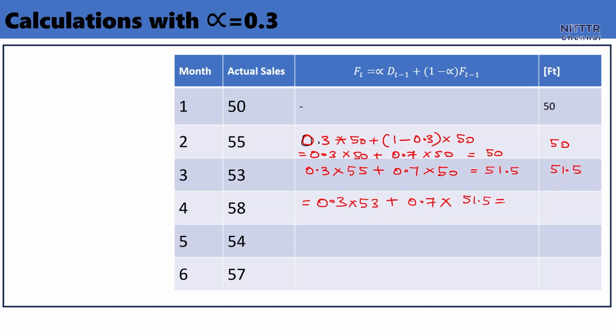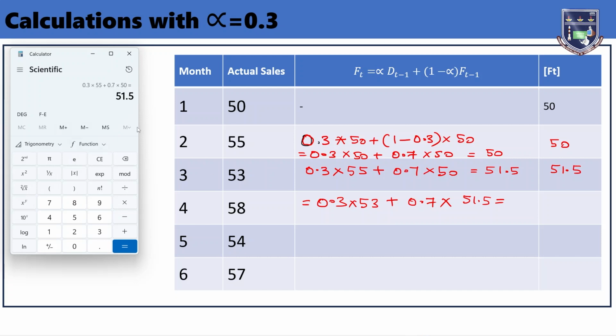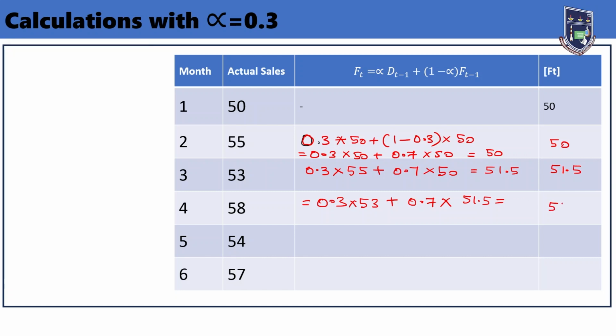So, that is equal to 0.3 into 53 plus 0.7 into 51.5. So, it is 51.95. The forecasted data is 51.95, whereas the actual is 58.